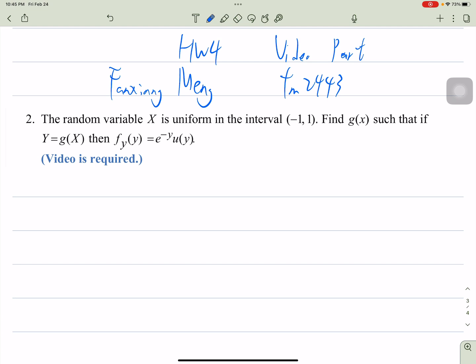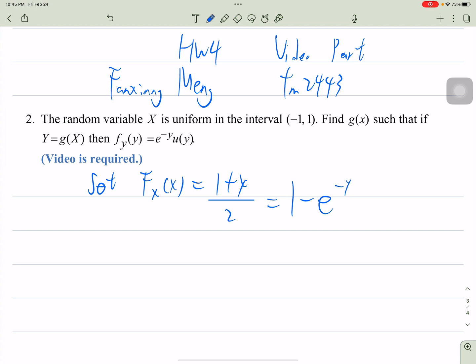In order to solve this kind of problem, we need to set that capital F_X(x) equals (1 plus x) over 2, which equals 1 minus e to the power of negative y, which equals capital F_Y(y).